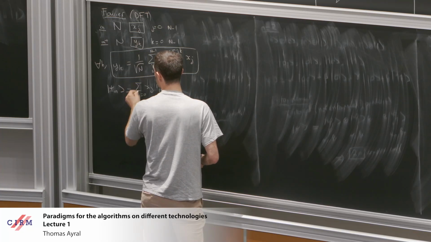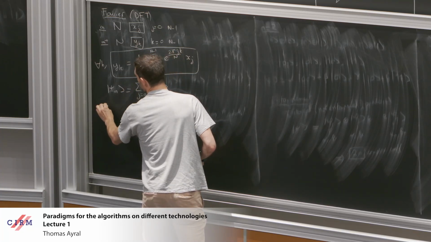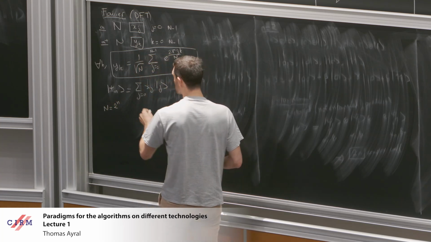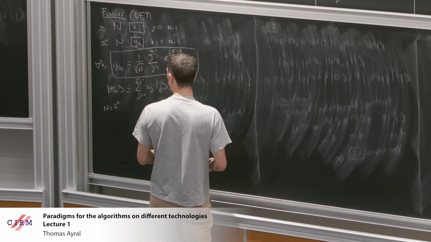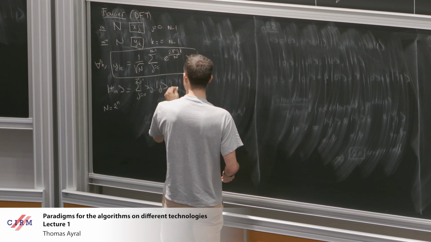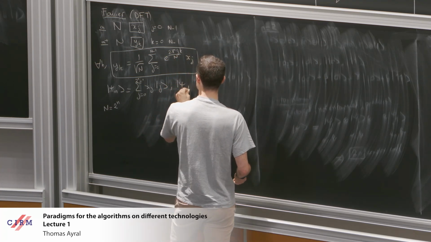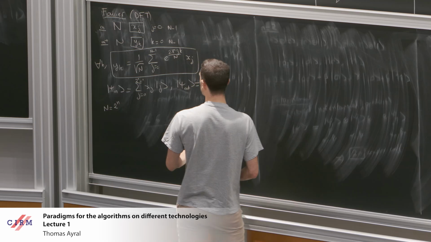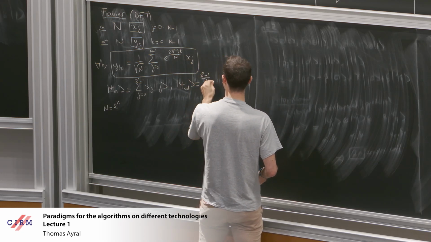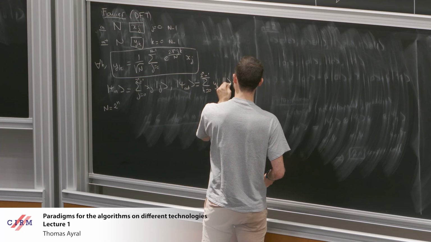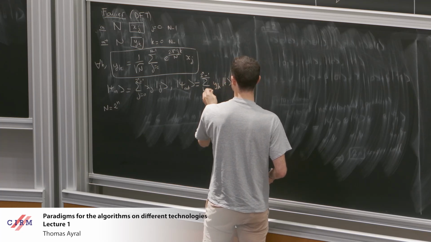I'm also going to say that big N is 2 to the power n, so that j goes to 2 to the n minus 1. And the game now is to find a circuit such that the outgoing state is the sum over k from 0 to 2 to the n minus 1 of yk times the state k. That's the game I want to play now.